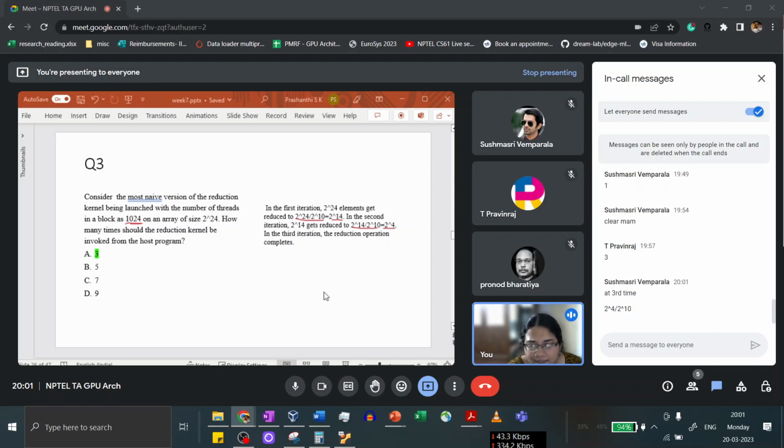So as long as you see a fraction that is lesser, like 2 power 4 divided by 2 power 10, then it means that the reduction terminates in that operation, in that iteration. So it would be just 3 iterations. It might not need the full iteration, right? It might not need all of these 2 power 10 threads, but we are launching them anyway. So it will finish in the third iteration.